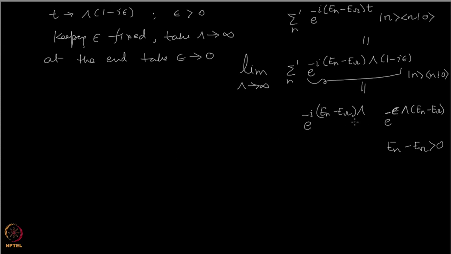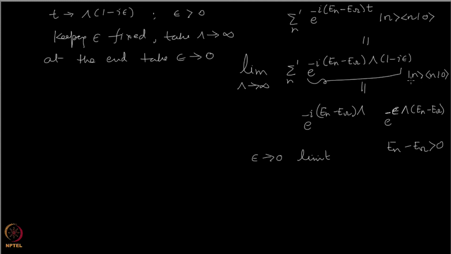So what we have achieved is that the contribution coming from all these terms, which are all the excited states in the theory, gives a vanishing contribution in this limit. After that, you can take the epsilon going to 0 limit at the end. You can do that because there is no problem; this term has already disappeared.